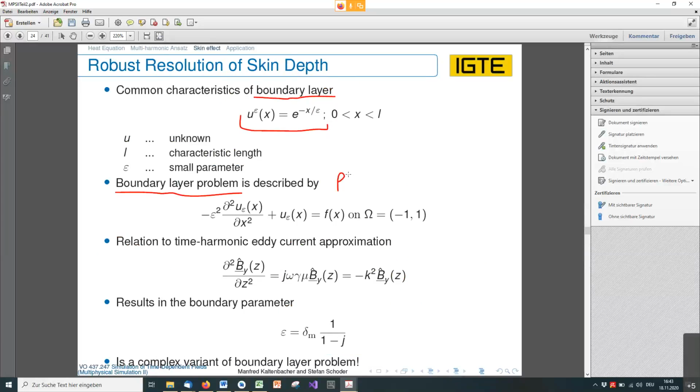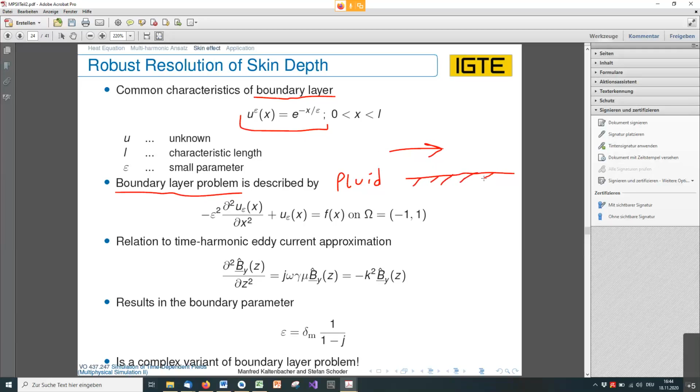Does any one of you have a little background on fluid dynamics, or is it clear what a boundary layer in fluid dynamics could be, or should I explain it here? Please explain it. Okay, so imagine flow always flows from left to the right. That's a fundamental law of, I don't know who did it, but it's always the case.